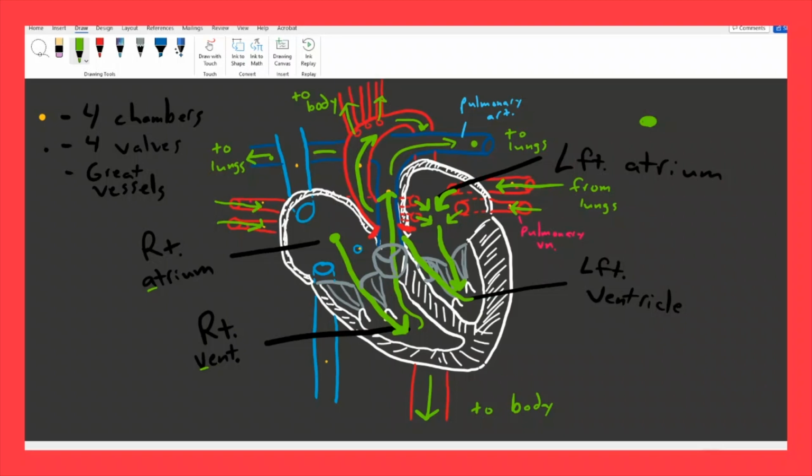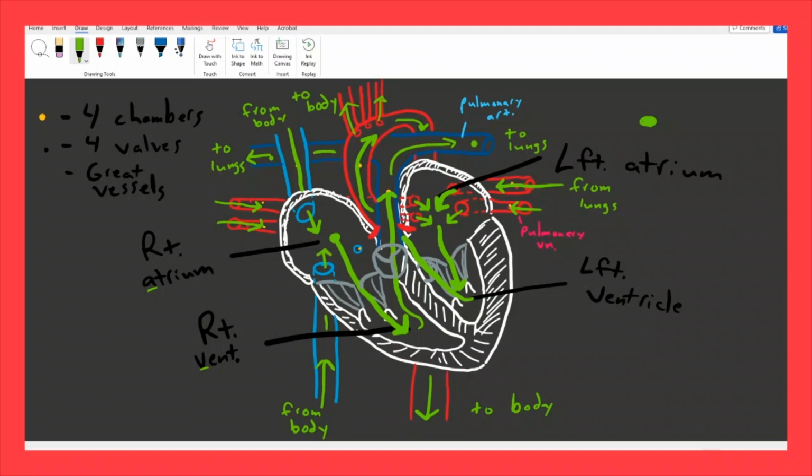How do I come back from the body? That's what these 2 vena cavas are for. Here comes that blood back, being dumped into the right atrium, like so.